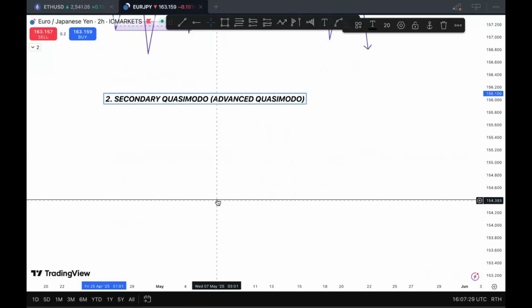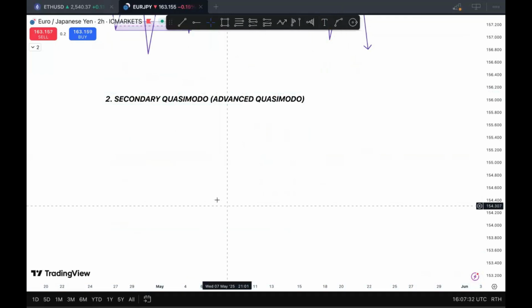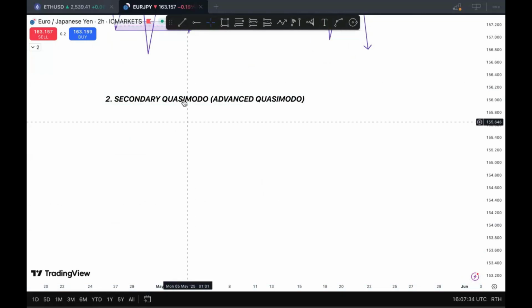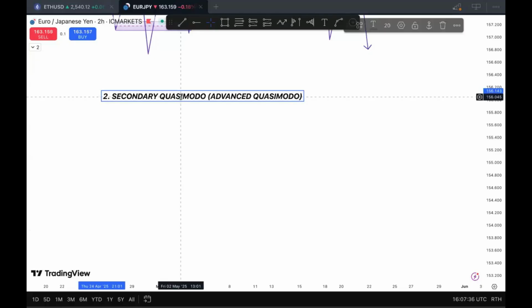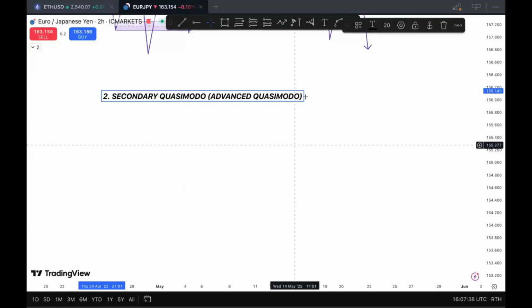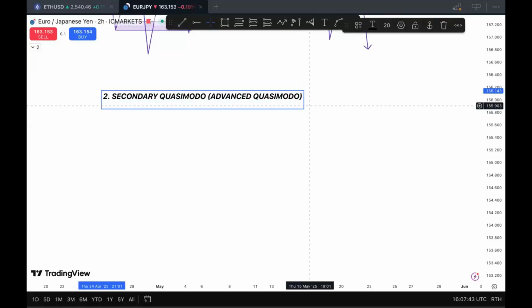We don't trade the primary Quasimodo. We only trade the secondary Quasimodo. The secondary Quasimodo is structure and liquidity. So this is what the secondary Quasimodo is all about: structure and liquidity.